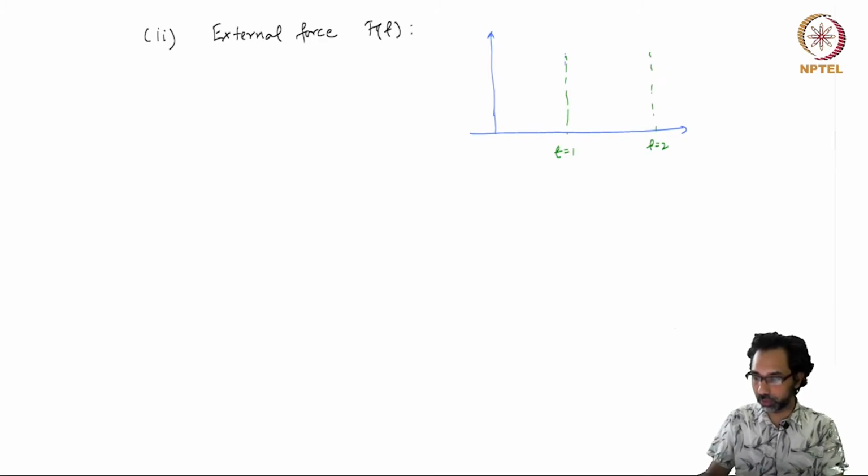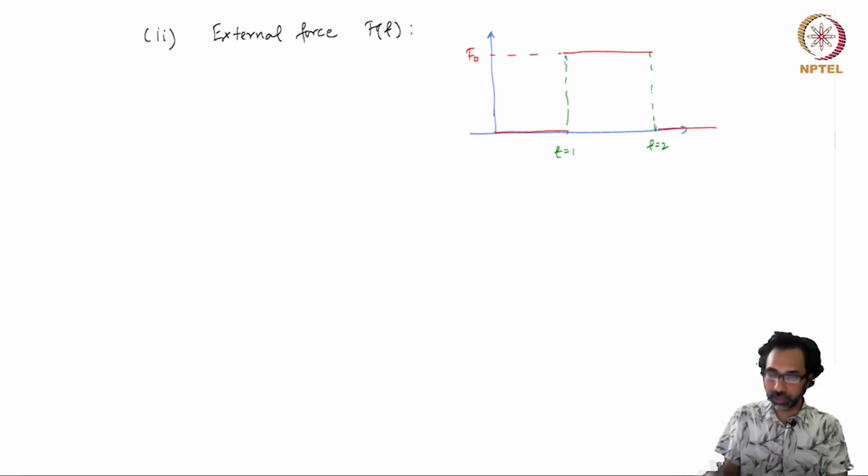So in between these two time frames, the graph of the function is constant at value say f naught, and it's going to be 0 outside this interval from t equal to 1 to t equal to 2.